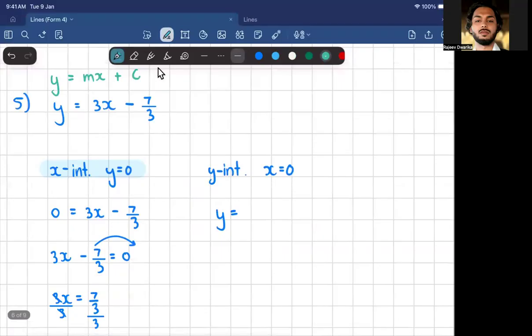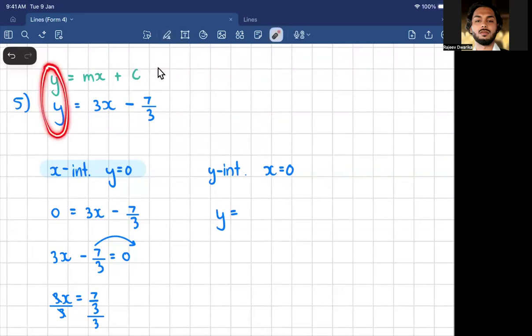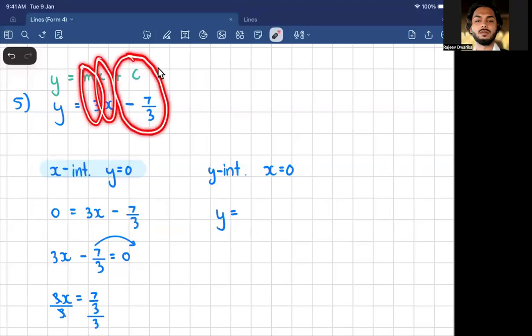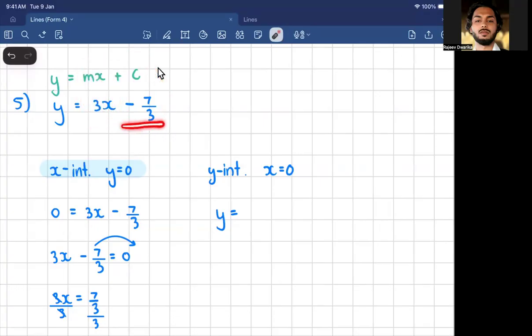What do you think c would be? 7/3. Nah, not 7/3. You're close, but you're forgetting a sign. So this would be y. Both of them would be y, right? This would be m, this would be x, and this whole thing would be c. So you have to tell me with the sign.